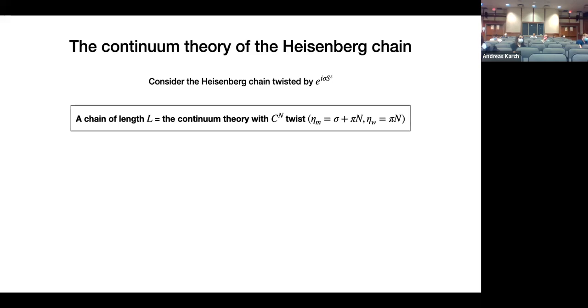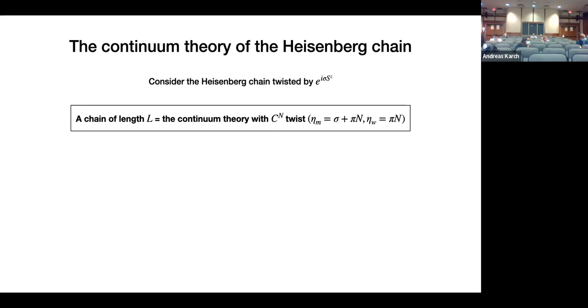You can say this is a postulate that a chain, which I've already mentioned a few times, a chain of length L, we should think of it as the continuum theory, SU(2) level 1, with L defects C to n twist, where n is L mod 4. Okay, but let's say C to L. That doesn't change anything. So with L C defects inserted.